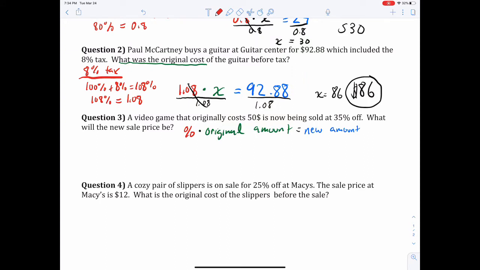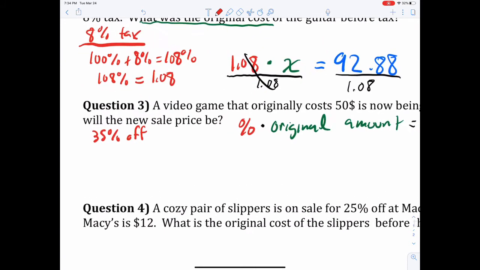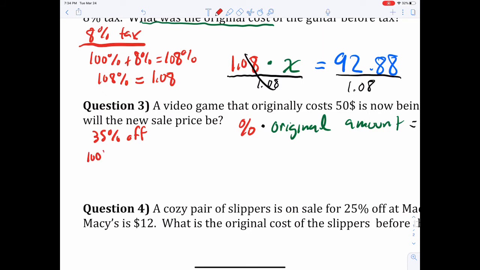We're trying to find the new amount. So we're going to be plugging in different numbers. Again, we have it 35% off. So our new percent will be 100% minus, because it's off, 35% equals 65%. And 65% written as a decimal is 0.65. So that's going to go right here.